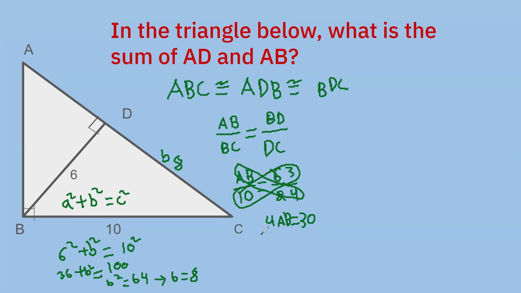And then we divide by 4, and we're going to get AB equals 7.5. So now we have one part, right? It's asking for the sum of AB and AD. So we'll put that up here. Let's see what we can do with that.